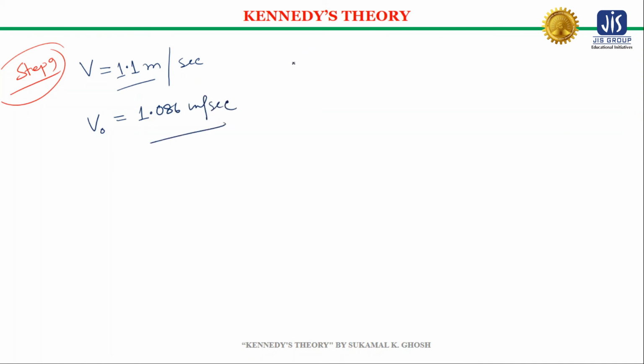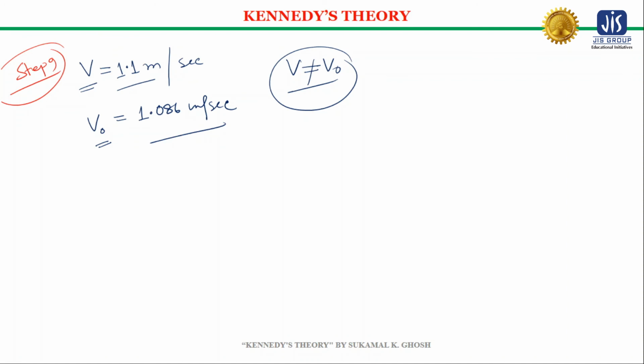Okay, but still V is not equal to V naught. This means we again need to repeat the procedure. But in this particular case, you may observe that the value of V naught and V are very near to each other. So if we increase the depth of the channel a little bit, then we may achieve V naught equal to V.